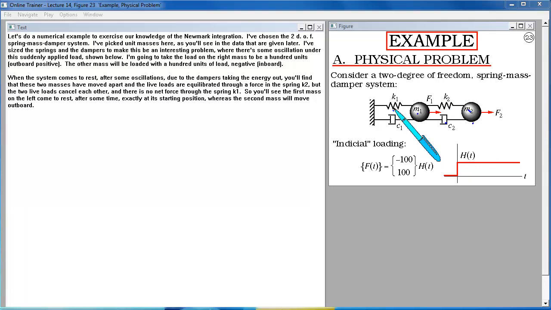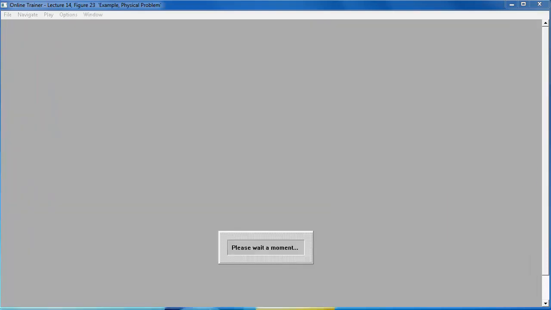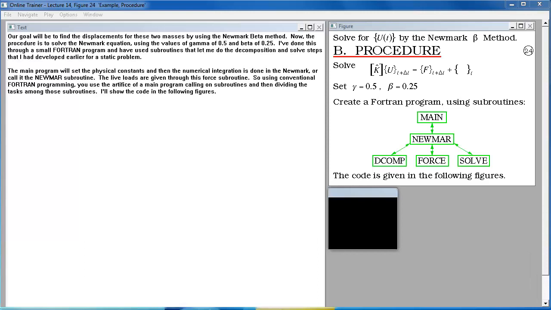So you'll see this first mass on the left come to rest after some time exactly at its starting position, whereas the second mass will move outboard. Our goal will be to find the displacements for these two masses by using the Newmark Beta Method.